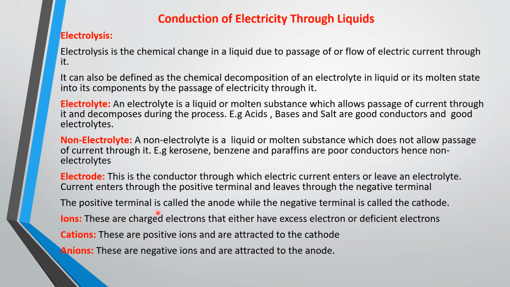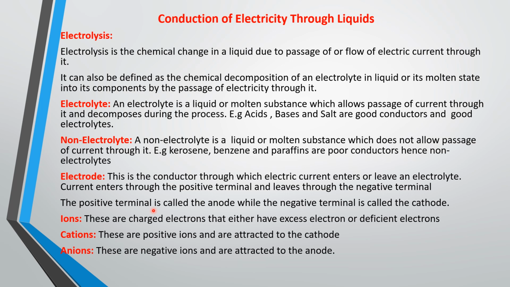Like a sodium atom that loses an electron has a deficient number of electrons. A sodium atom will easily lose its outermost electron to become positively charged. So a sodium atom that has lost an electron is an ion, and it is a positively charged ion.